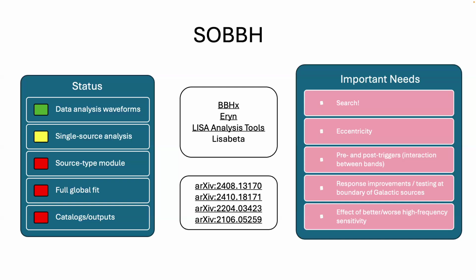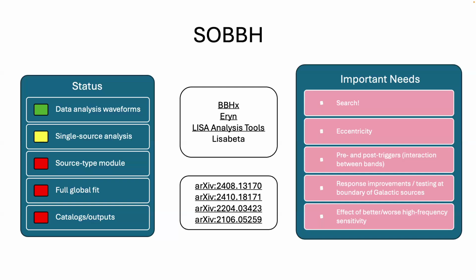And I also think, as you look at some of the models of the LISA sensitivity over the years that have gone up and down, slight differences in the high frequency sensitivity can really affect all of these things on the status list and the important needs list. And so kind of understanding that and making sure that we are ready to, when the instrumentalists come back to us and they say, this is our new updated, best estimate of our sensitivity.